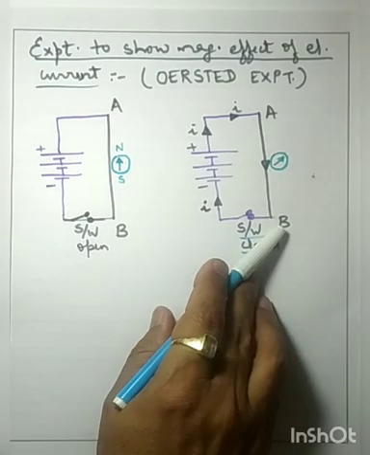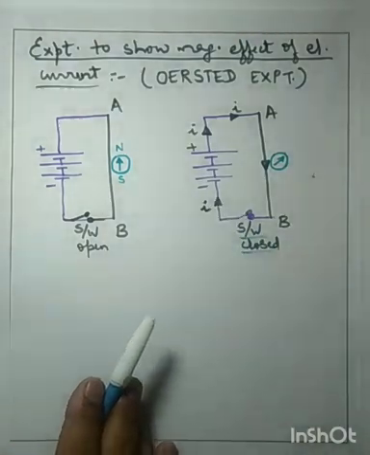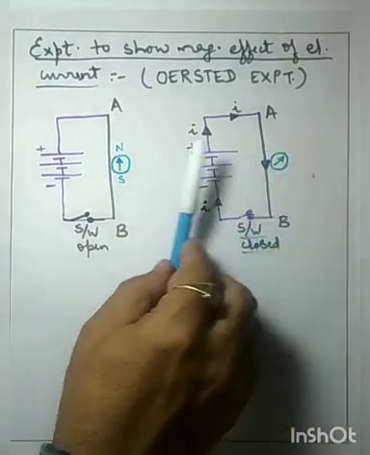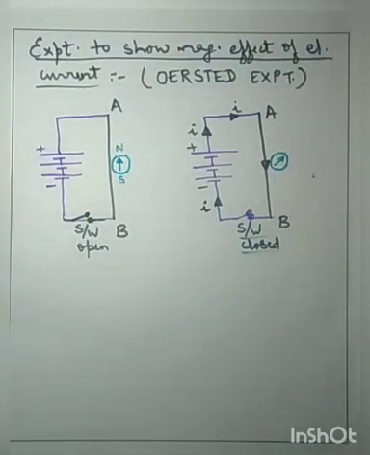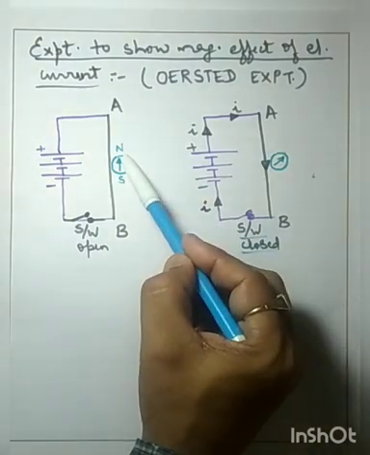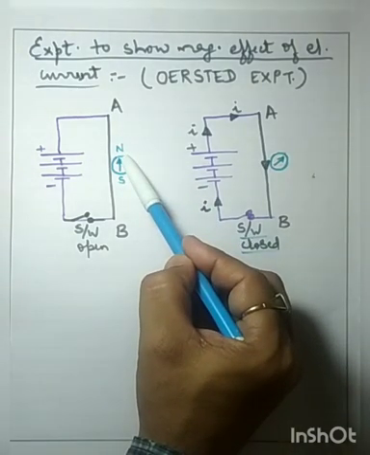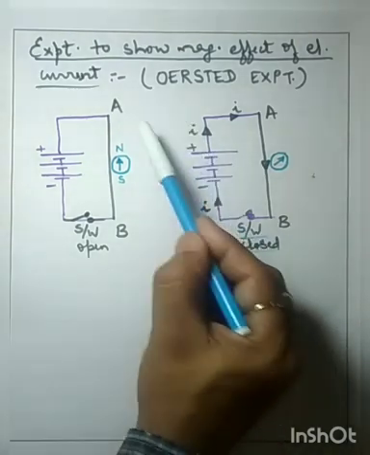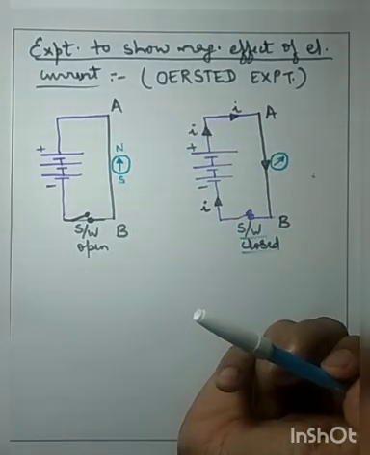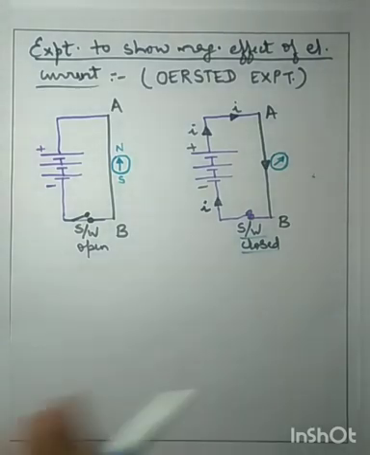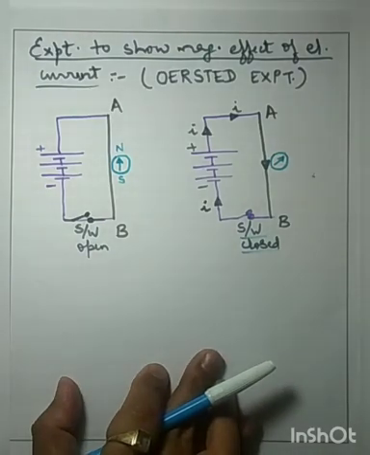And again, if we open the switch, then this arrowhead comes to its original position. And what was the original position? The arrowhead is again pointed towards the A end of the wire and the tail towards the B end of the wire. So this was observed, and this experiment is known as Oersted experiment.